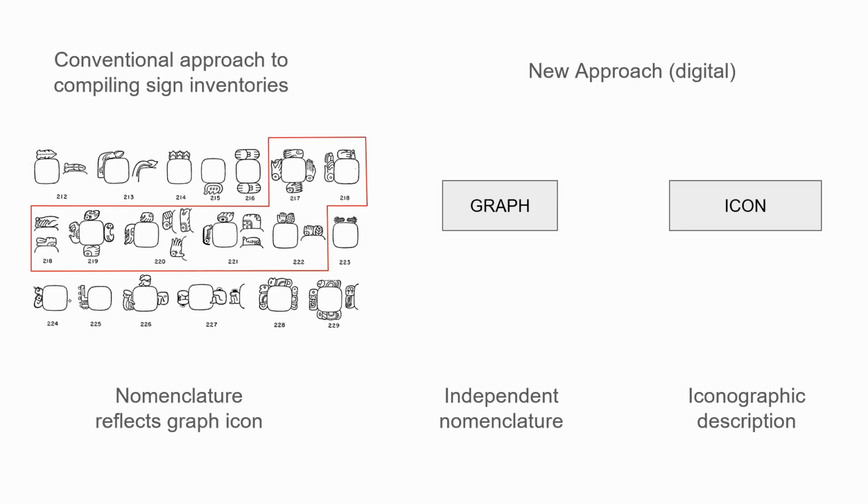So we separate graph and icon, and say that this graph has number 1, number 2, number 3, but we don't care about the order of appearance. The iconographic description is on another level. This is the best way to handle the problem of paleographic styles, especially for Maya writing, where you cannot identify every single glyph accordingly.